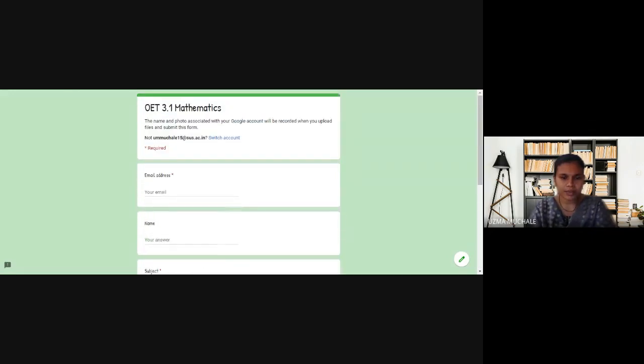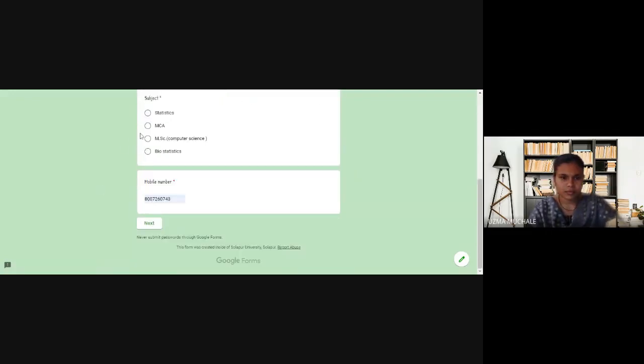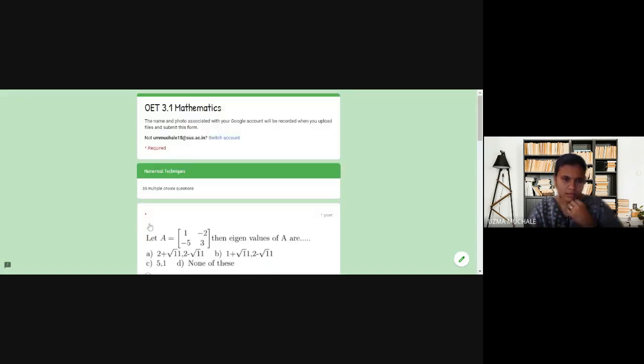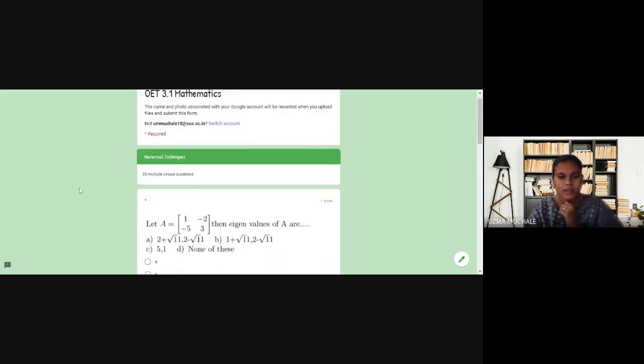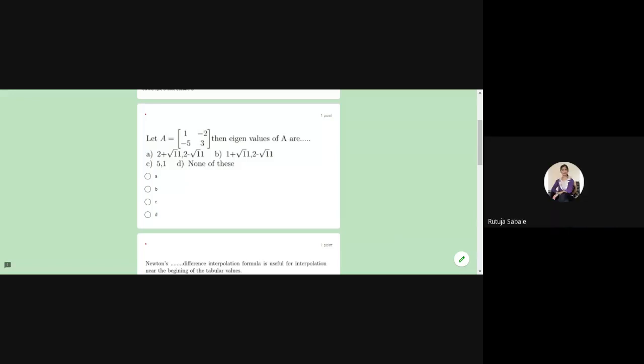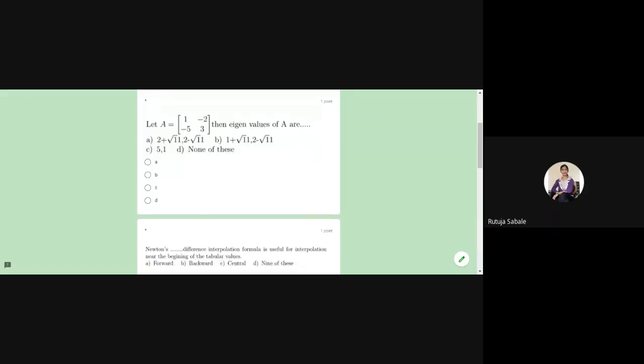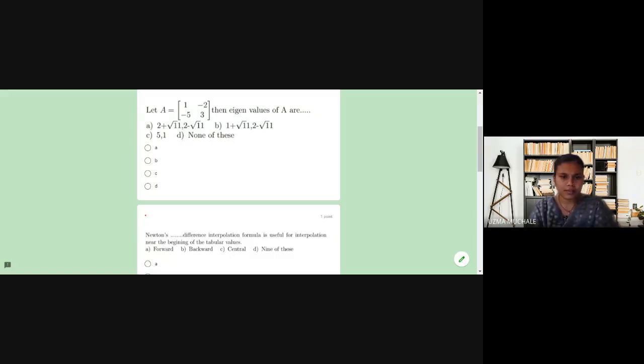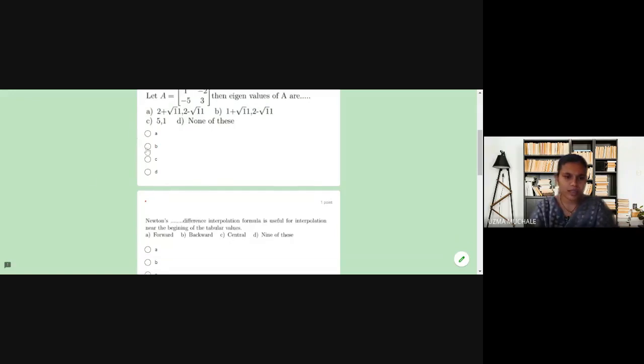Let me upload this one. Is the question visible now? A is equal to 1 matrix is given. Yes, ma'am. Okay, so the question is given like this, and you have to answer here.